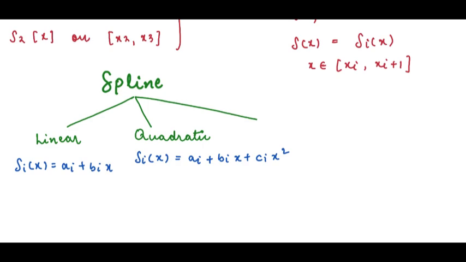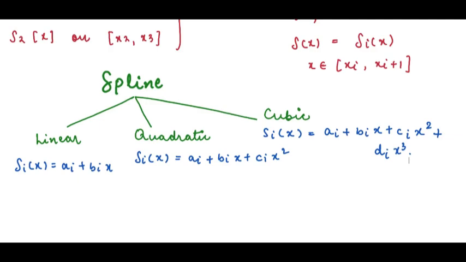And then comes the cubic spline, where each interval uses a cubic polynomial, Si(x) equals ai plus bi x plus ci x squared plus di x cubed. Among these, the cubic spline is especially important because it provides smoothness up to the second derivative under the standard cubic spline construction.